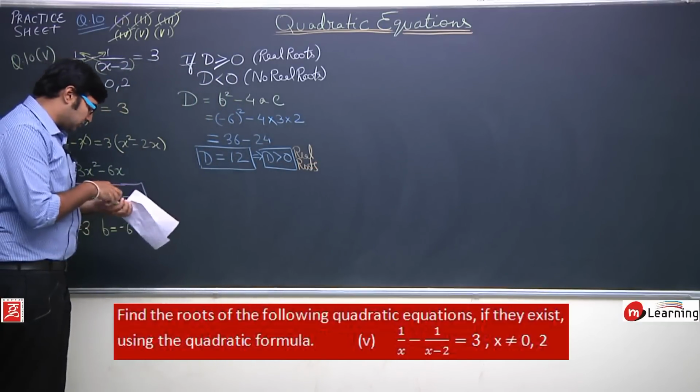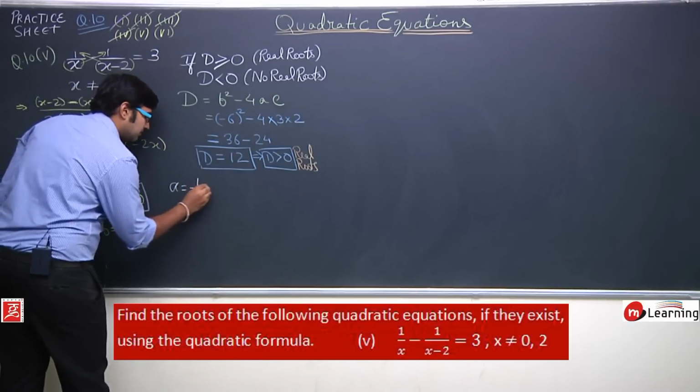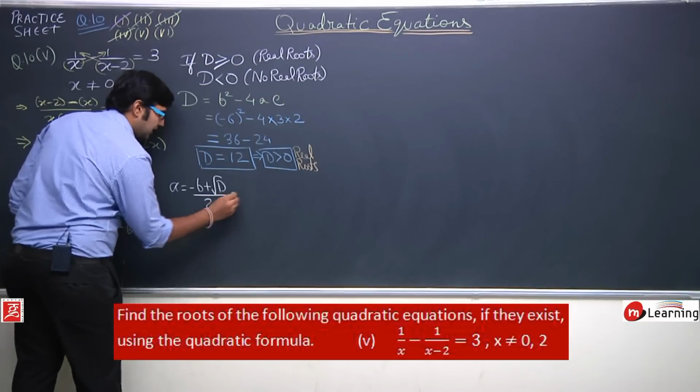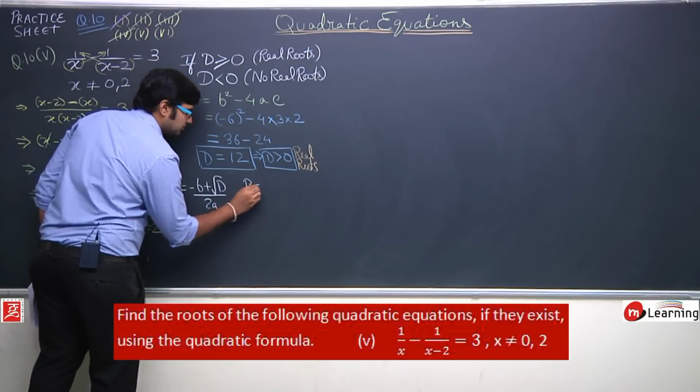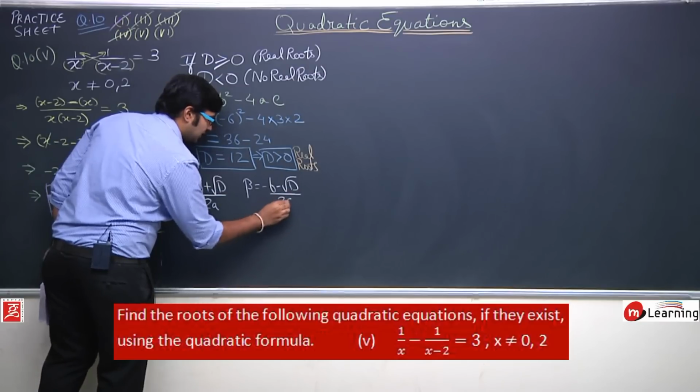So what will be the roots? Roots will be alpha is equal to minus b plus root d divided by 2a, and beta is equal to minus b minus root d divided by 2a.